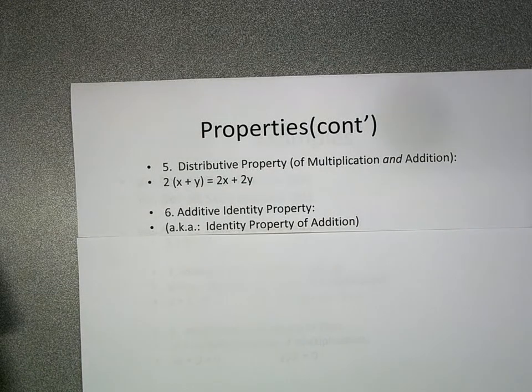If you take a look, they both have the word property, they both have the word identity. They just put additive as like an adjective instead of addition, but it's the same thing.